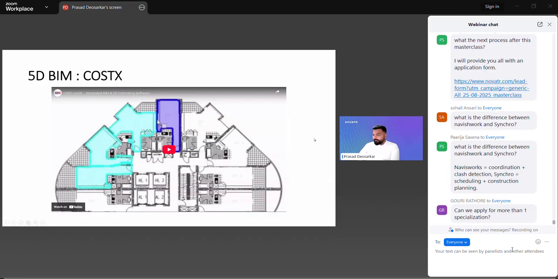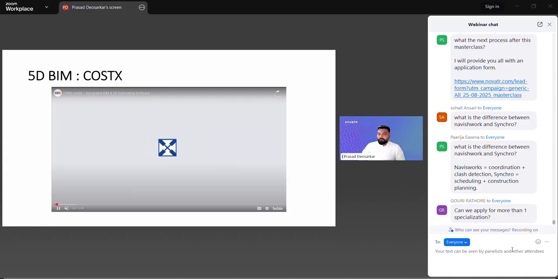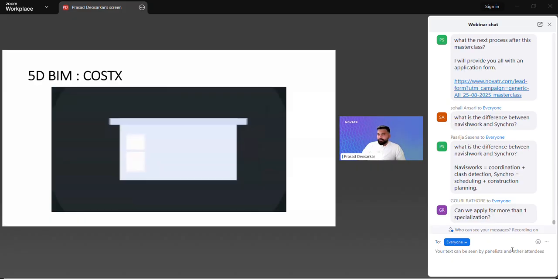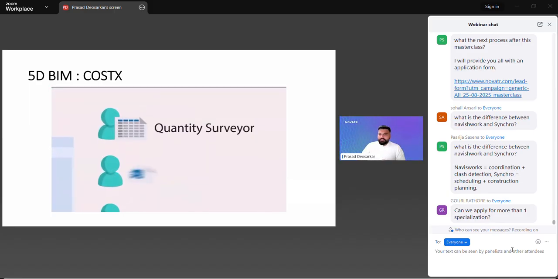When we talk about 5D BIM, Costx is another great platform that you use for quantity takeoff, for generating schedules, and generating cost reports from the software itself. It is made by a company called I2, currently called RIB. It has various different modules.